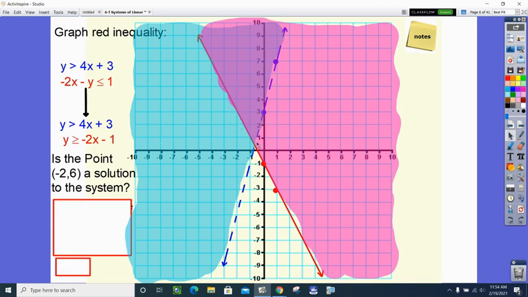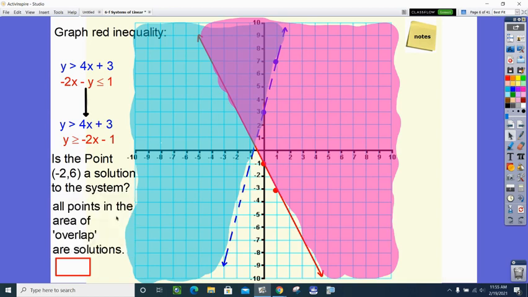Now the question is, where do these two inequalities have the same region shaded? You're going to see it's like this top V. It was shaded blue for the top inequality and pink for the bottom inequality. So all the points in this V would make both true, and that would be our solution area.